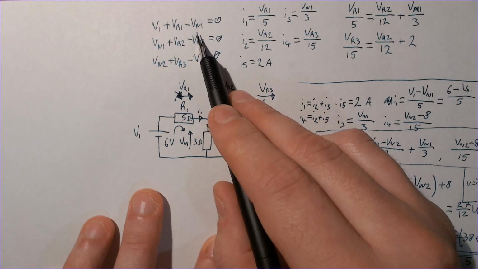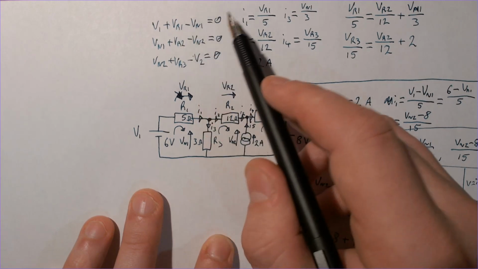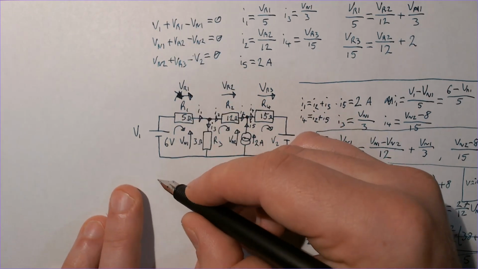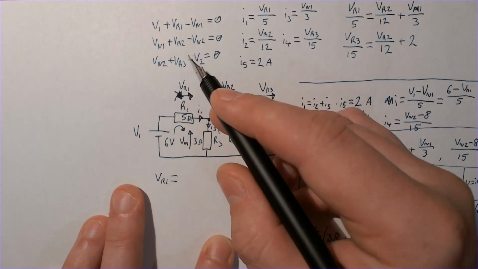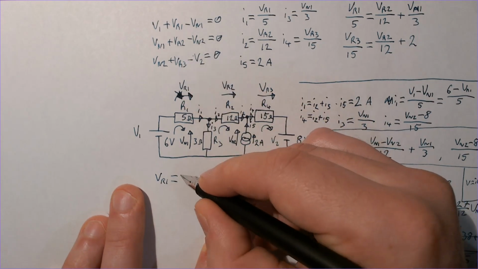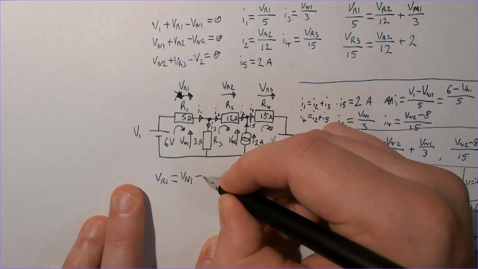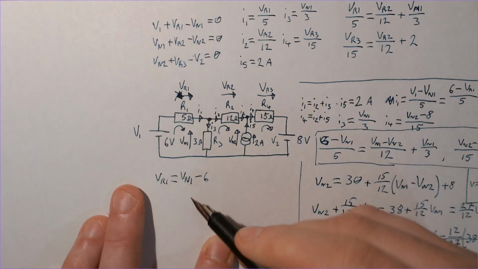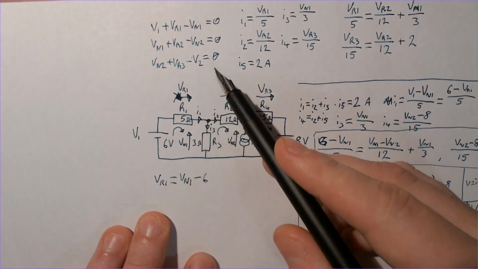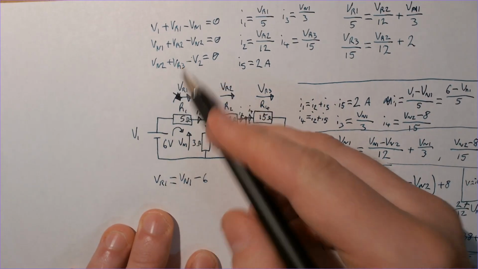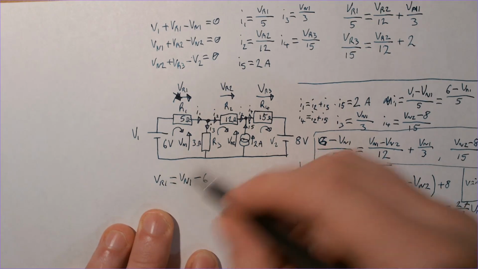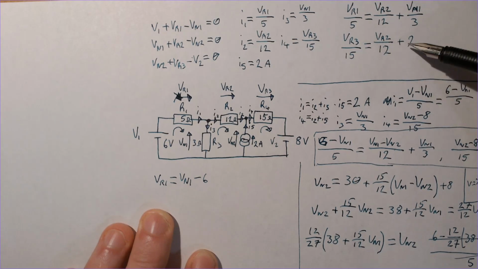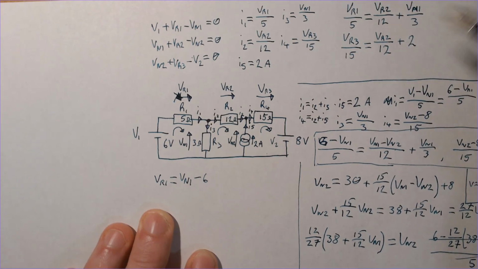That's known. That's what we want to find. Rearrange this one to make VR1. So VR1 equals Vn1 minus V1, which is 6. And this one, let's use that straight away and put it in one of these. So VR1 doesn't appear in here anyway. Just put that in this top one.